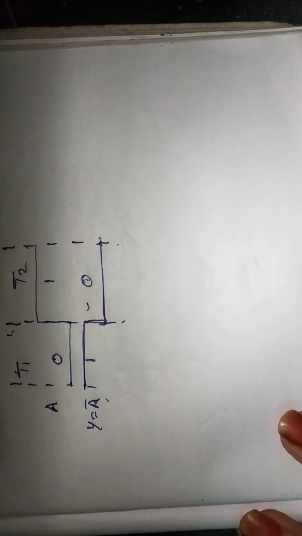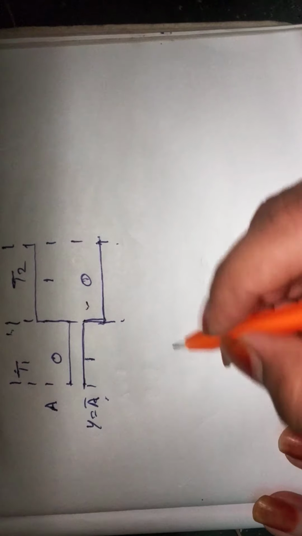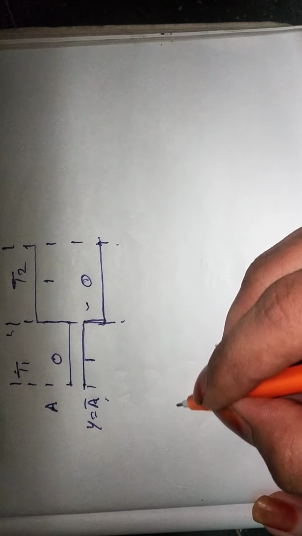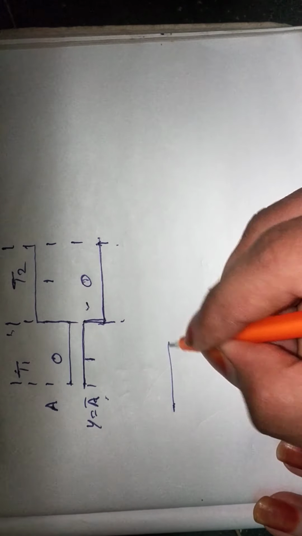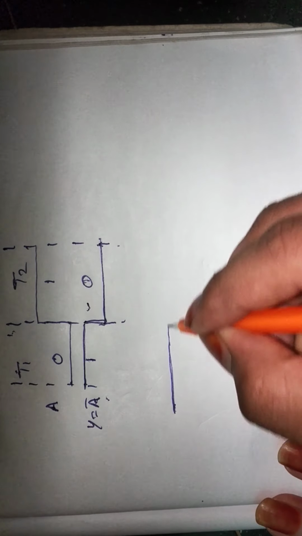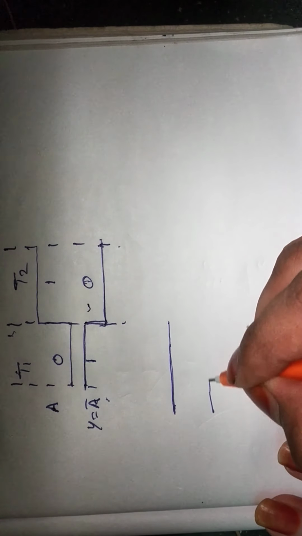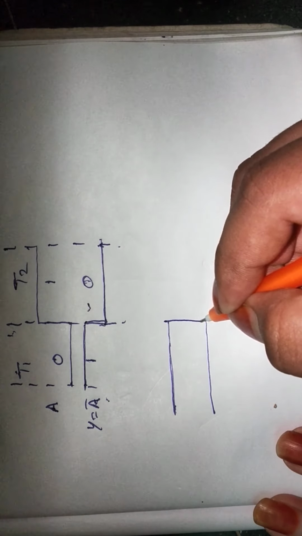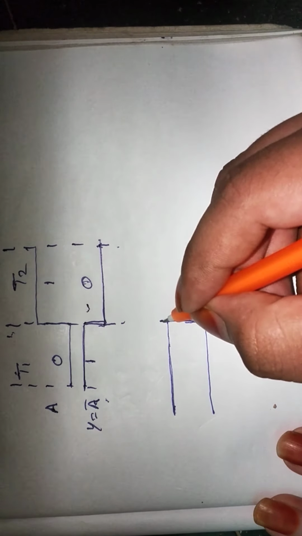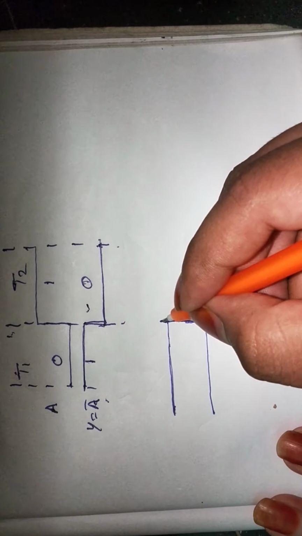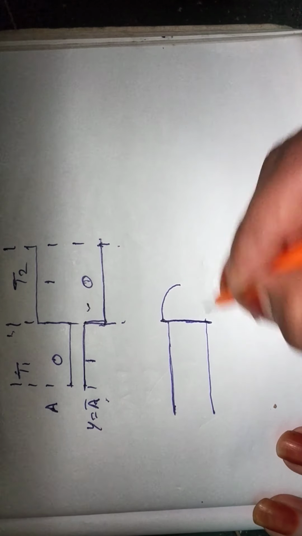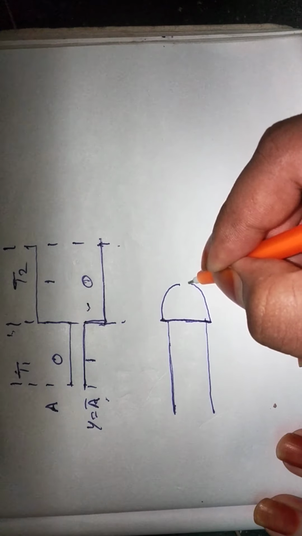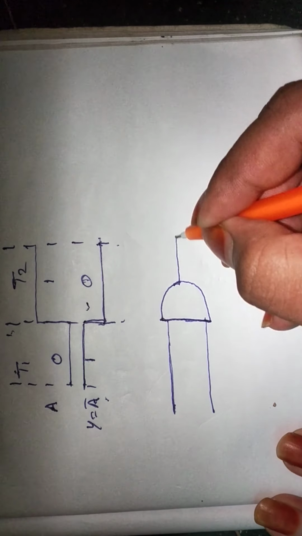Finally, suppose we take an AND gate of two input variables. An AND gate is nothing but a multiplication gate. So the output will be the same value.